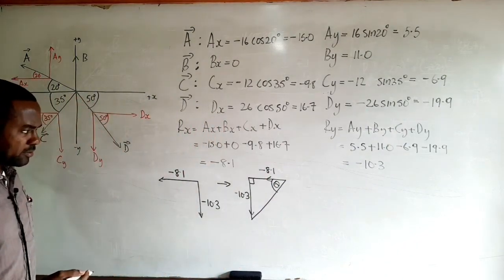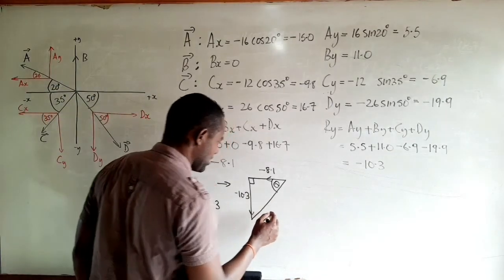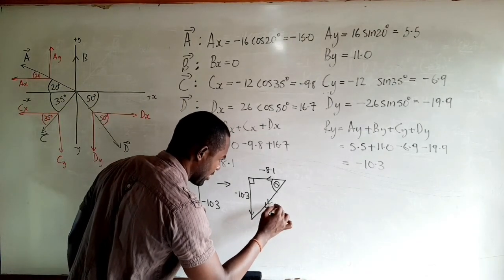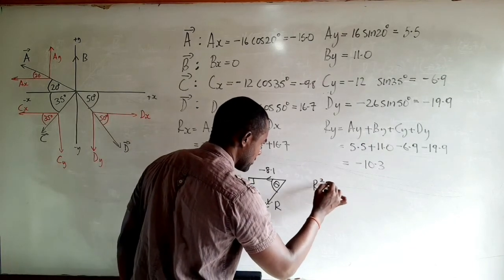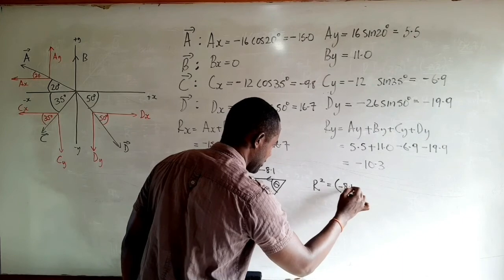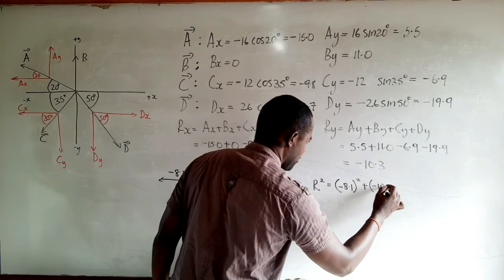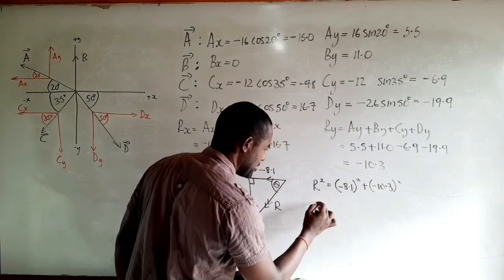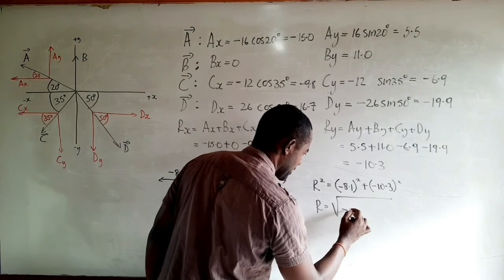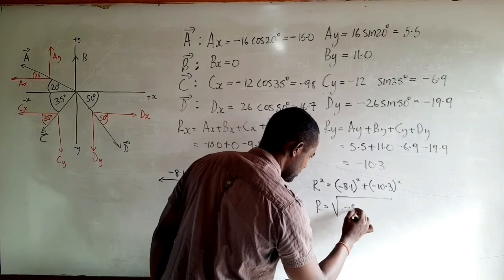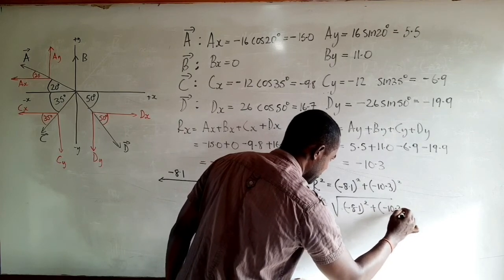Right? So let's work out the magnitude now by Pythagoras' theorem. So by Pythagoras' theorem, of course, our resultant, let's call it r, we have r squared is equal to minus 8.1 squared plus minus 10.3 squared. And so r is equal to the square root of minus 8.1 squared plus minus 10.3 squared.